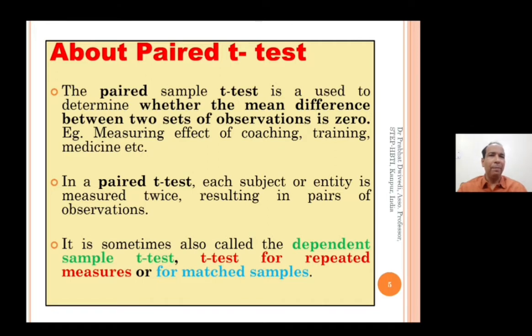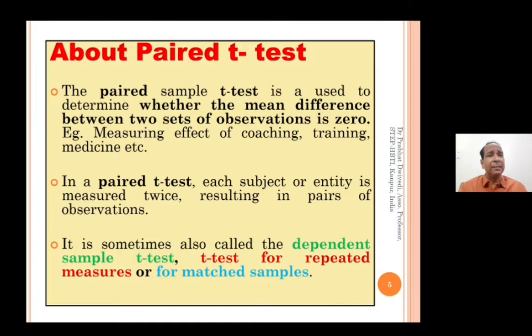For example, measuring the effect of coaching, training, or medicine. We make the hypothesis that there is no effect of training, coaching, medicine. That means the mean difference between 2 sets of observations is 0.